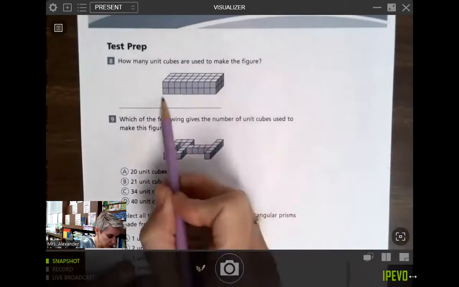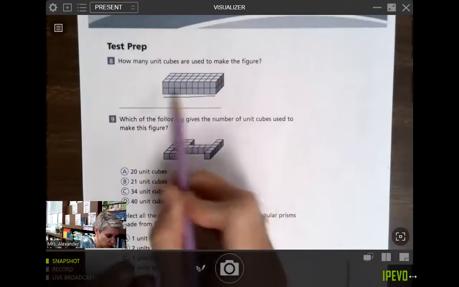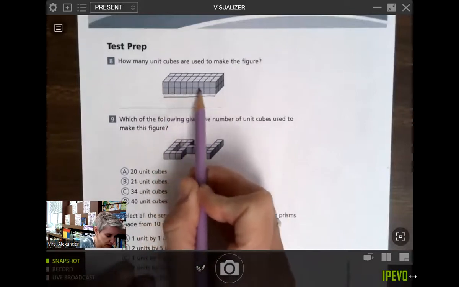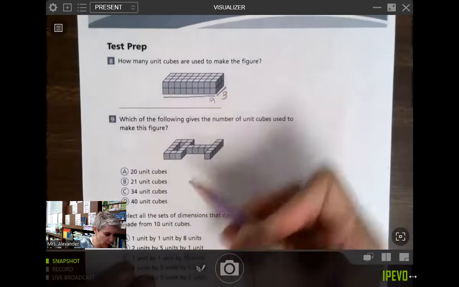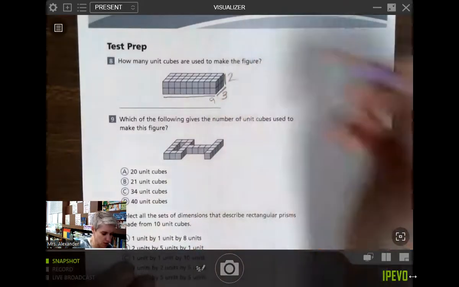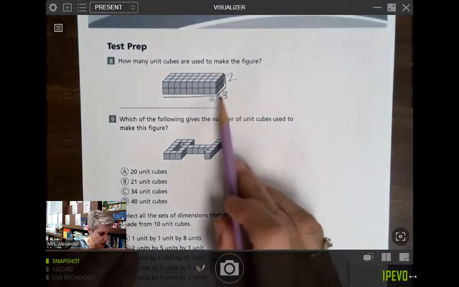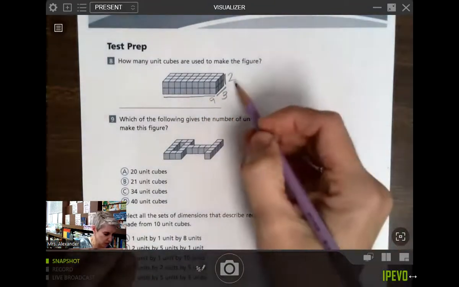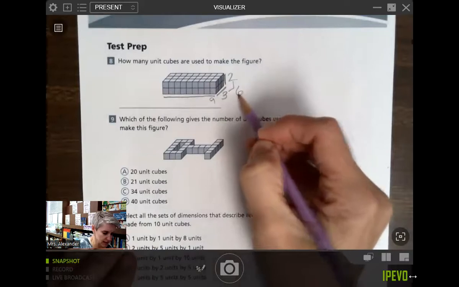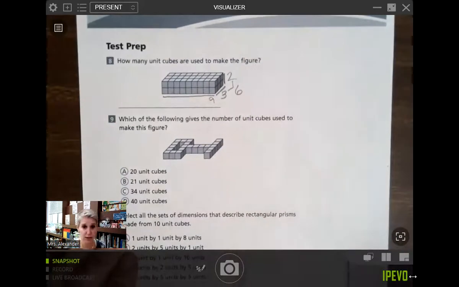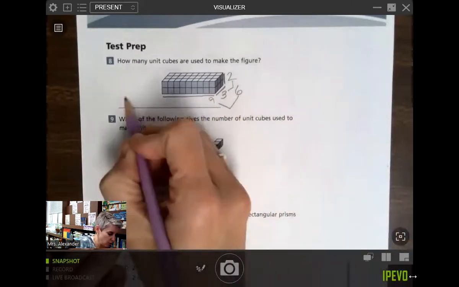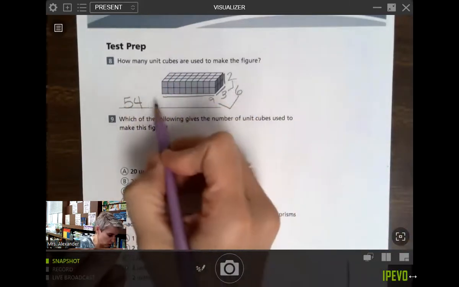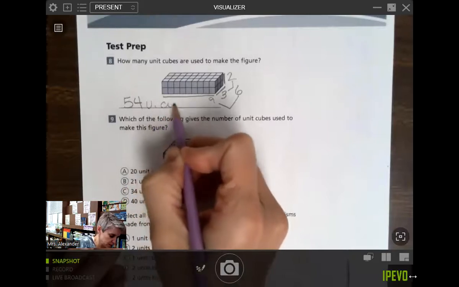So I'm going to use my volume formula. 1, 2, 3, 4, 5, 6, 7, 8, 9 is my length. 3 is my width. And there are 2 layers. I'm going to do 2 times 3 is 6, because with multiplying, I can do it in any order. 6 times 9 then would be a total of 54 unit cubes.